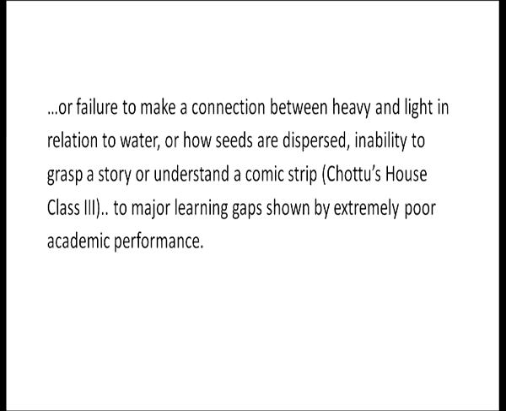Something that is heavier, will it float on water or sink in water? Something that is light in relation to water, will it sink or float? How seeds are dispersed, or inability to grasp a story or understand a comic strip. For example, in class 3, there is a story about Chotu's house. Then there are major learning gaps shown by extremely poor academic performance.